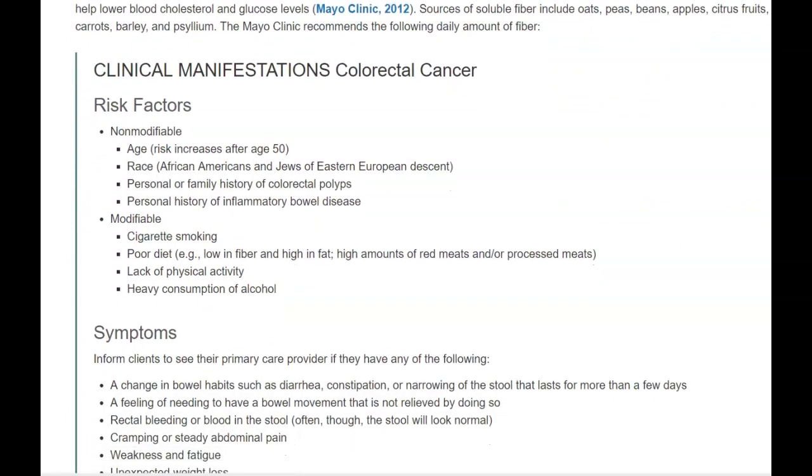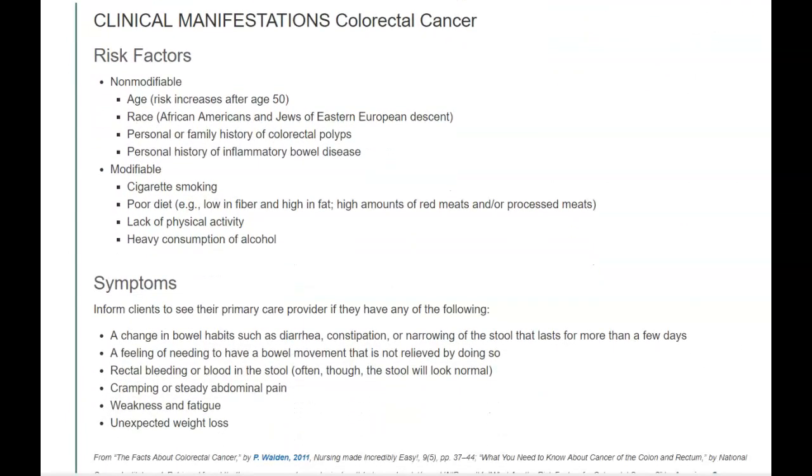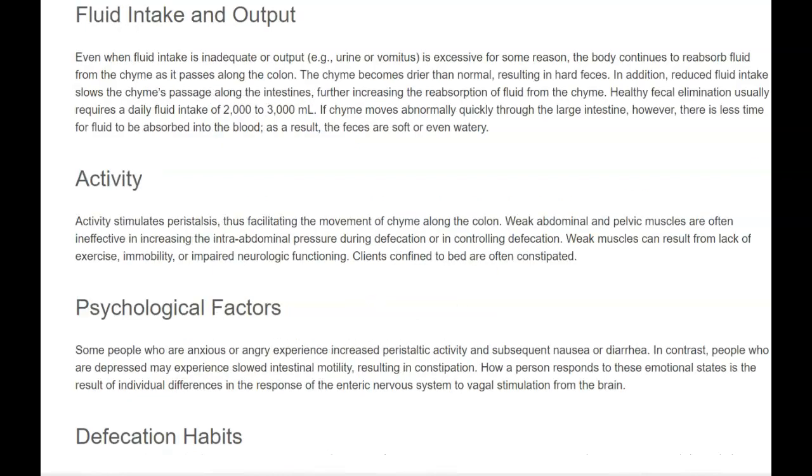Now we talk a little bit about clinical manifestations of colorectal cancer, risk factors. This is information for you to know that probably will be highlighted in MedSearch 2. This is just like a backup for the PowerPoint. So if you needed more details on these things, here is the book for you.